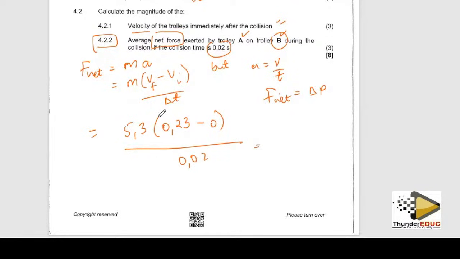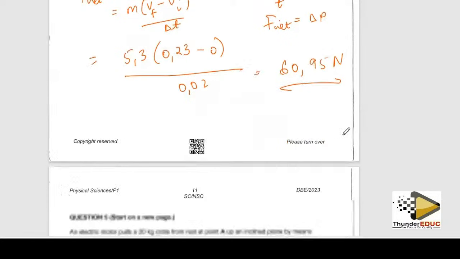So when I substitute that into my calculator, this is 0.23 minus 0 over 0.02. The answer that I'm getting is 60.95. This is force, which means it will be measured in newtons. Guys, that is question number 4.